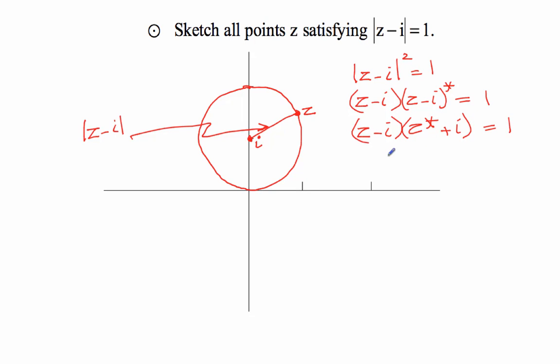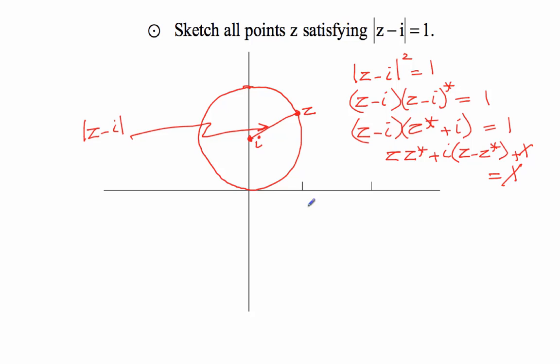When we expand this out, this is z z star plus i into z minus z star plus 1 equals 1. Okay, so we cancel the ones over here.